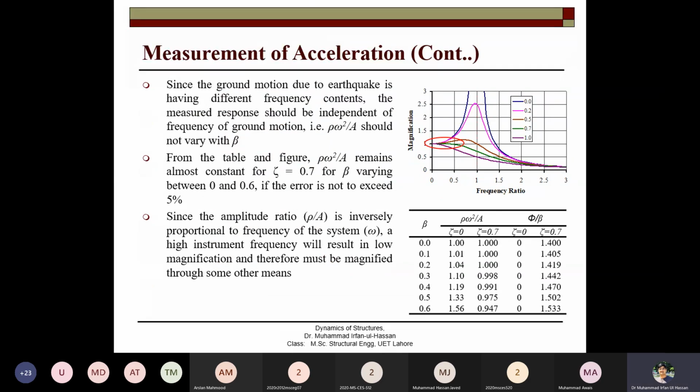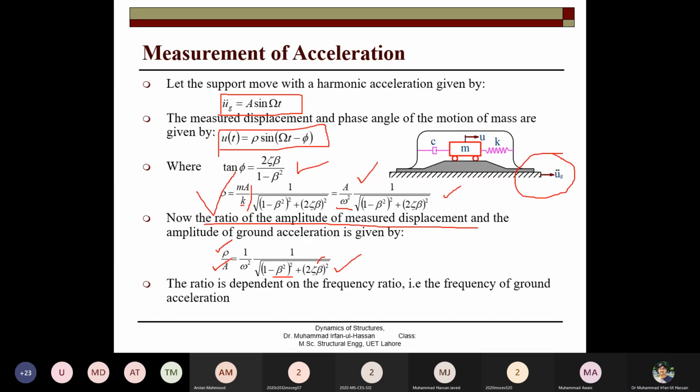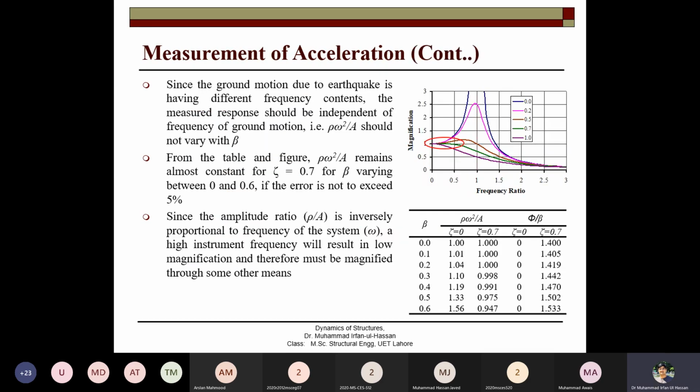But the point is that if you plot the magnification and the frequency ratio, as you have studied, since the ground motion due to earthquake has different frequency content, it is not a constant frequency content. So the measured response should be independent of the frequency of the ground motion.